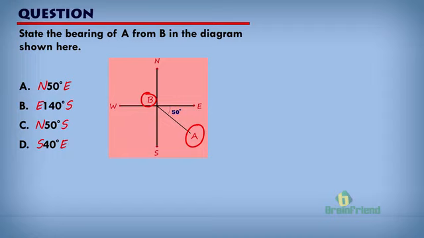What do we do? First, we determine which quadrant we are making use of. Of course, we are making use of our quadrant here, where the south is king, or it holds sway. Next, we know that our measurement, therefore, would be from the southern line to our point in question.